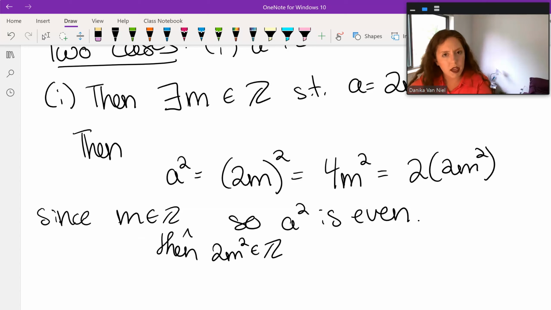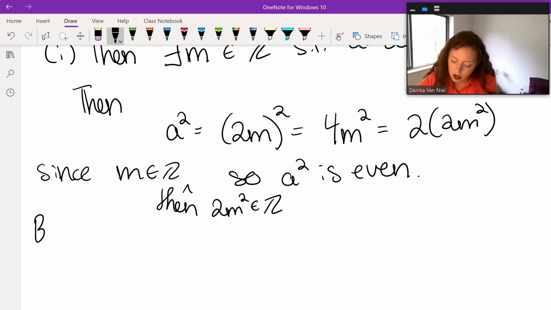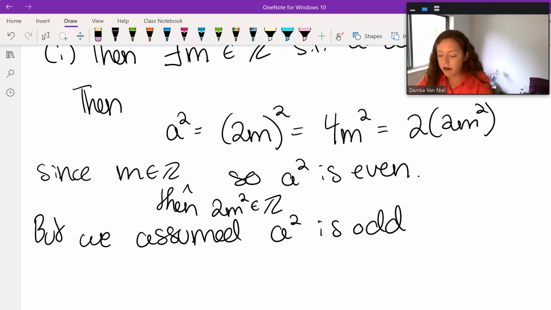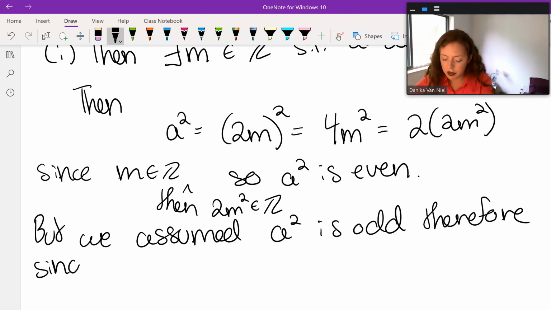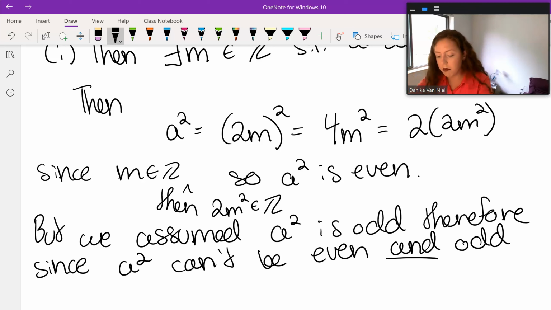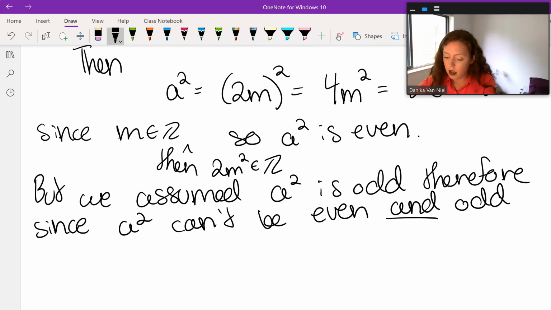We assumed that a squared was odd. But we assumed a squared is odd. Therefore, since a squared can't be even and odd, then a can't be even.